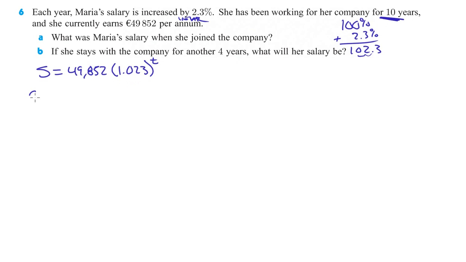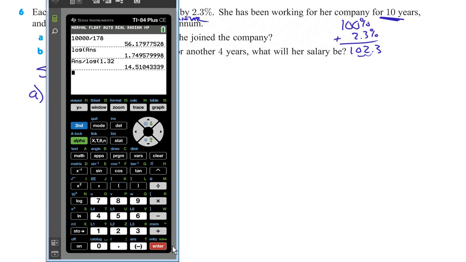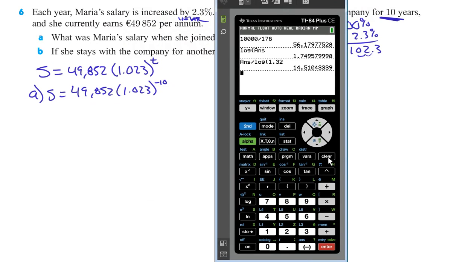So to figure out A, her salary 10 years ago would be 49,852 times 1.023, and time is going to be -10. So to the -10th power. Okay. So when we plug that in, 49,852 times 1.023 to the -10th power.